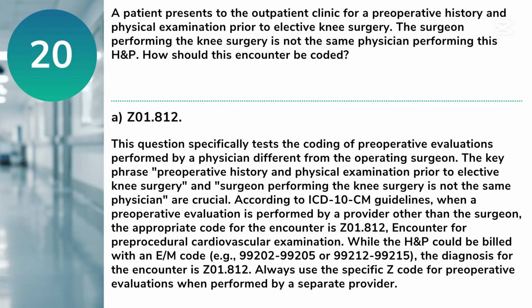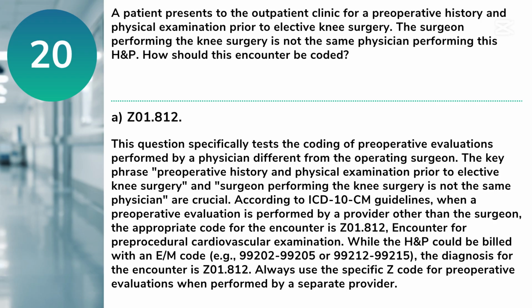Answer: A. Z01.812. This question specifically tests the coding of preoperative evaluations performed by a physician different from the operating surgeon. The key phrases, preoperative history and physical examination prior to elective knee surgery and surgeon performing the knee surgery is not the same physician, are crucial. According to ICD-10-CM guidelines, when a preoperative evaluation is performed by a provider other than the surgeon, the appropriate code for the encounter is Z01.812, encounter for pre-procedural laboratory examination.